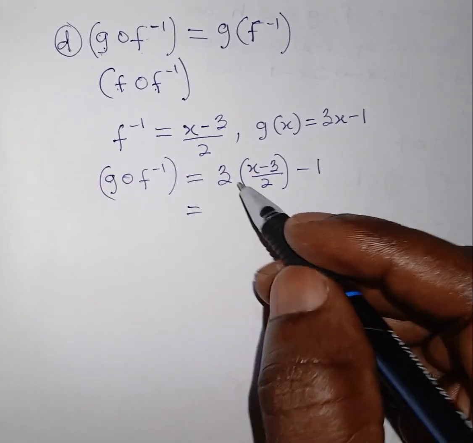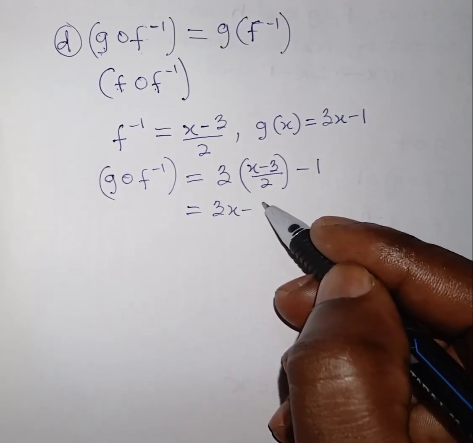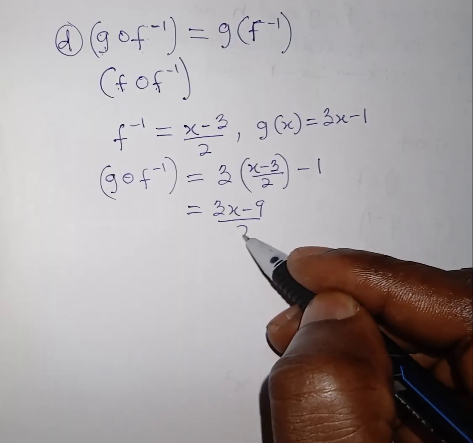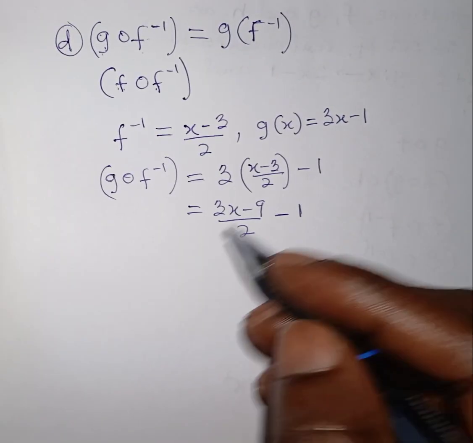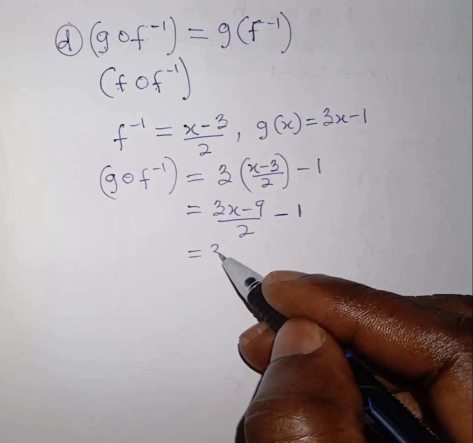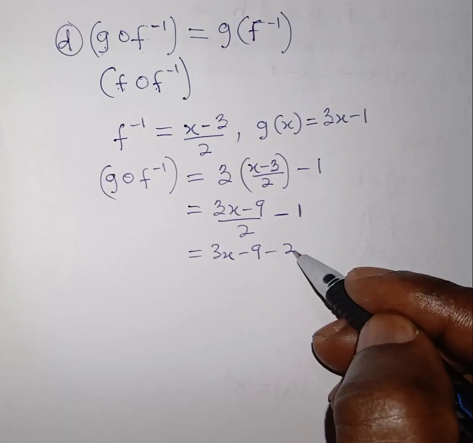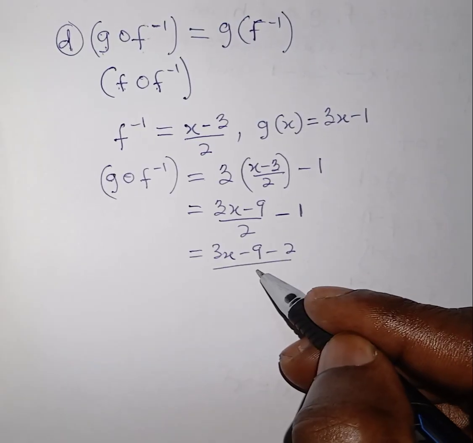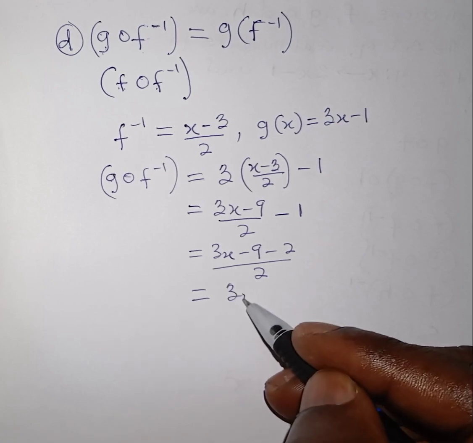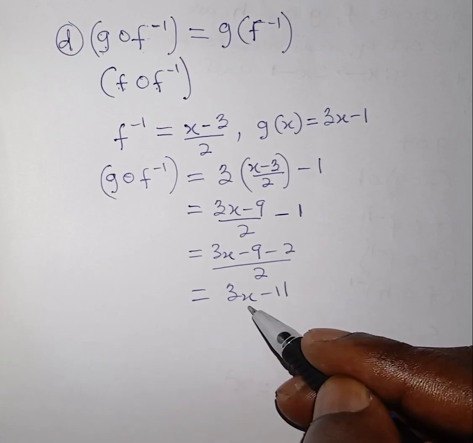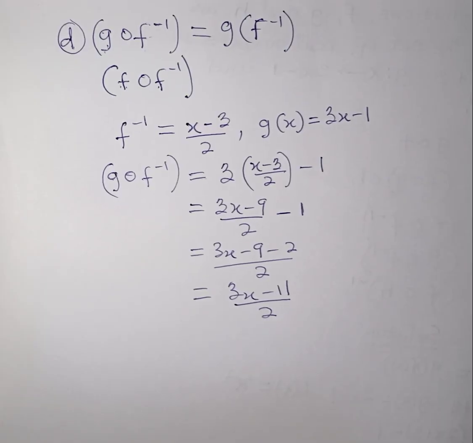If I open the bracket, I get 3x minus 9 all divided by 2, minus 1. Then I get 3x minus 9 minus 2 all divided by 2, and this gives me 3x minus 11 all divided by 2. So that gives me that.